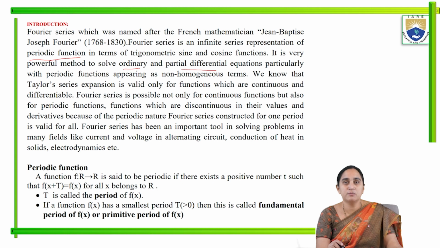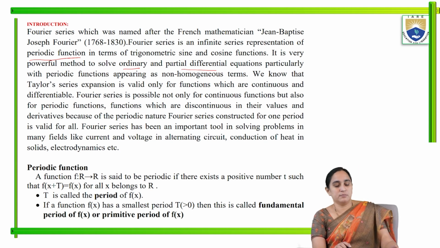A periodic function means a function f from R to R is said to be periodic if there exists a positive number t such that f of x plus t is equal to f of x for all x belongs to R. Then t is called a period of f of x. If a function has a smallest period t greater than 0, then this is called the fundamental period or primitive period of f of x.